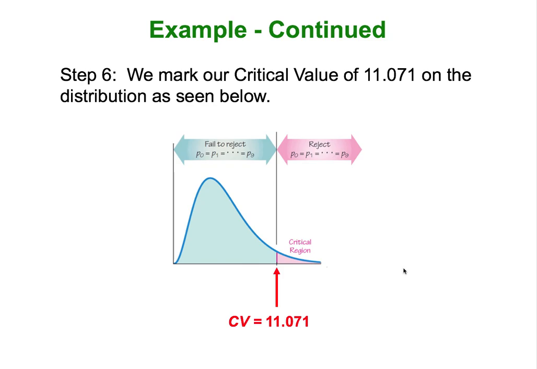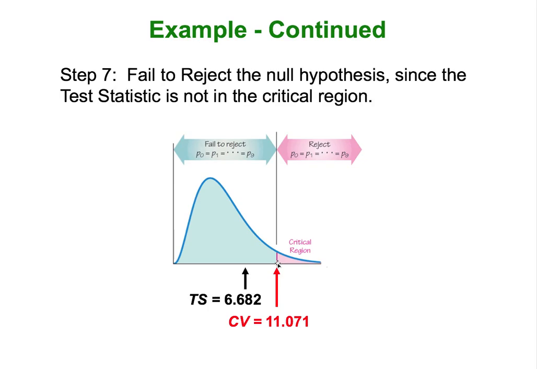And now we locate and label our critical value on our chi-square distribution. It's right here, 11.071. Then we locate and label our test statistic.